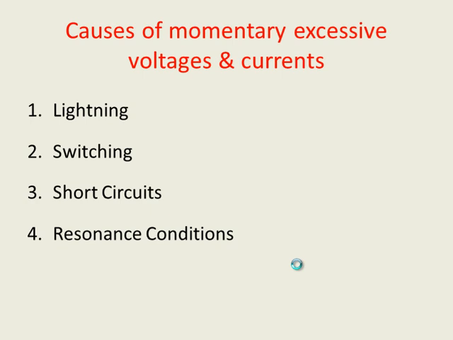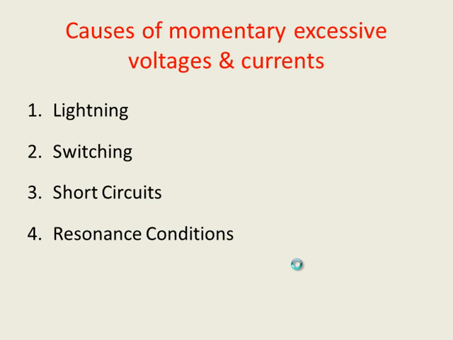The second one is switching. Switching means whenever there is any operation in the power system, suppose we are closing our circuit breaker, opening our circuit breaker, or suddenly throwing our load, whatsoever, that is related to your switching operation.